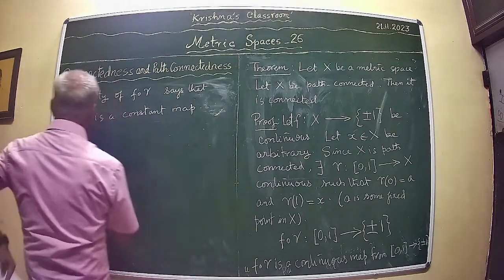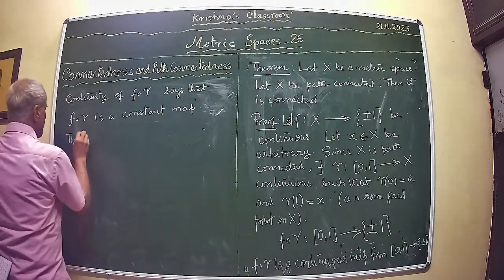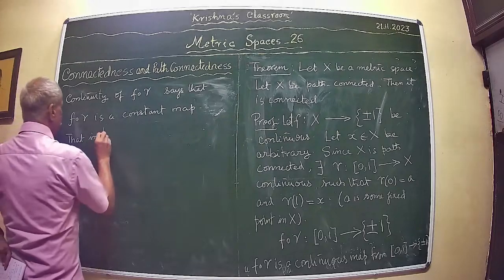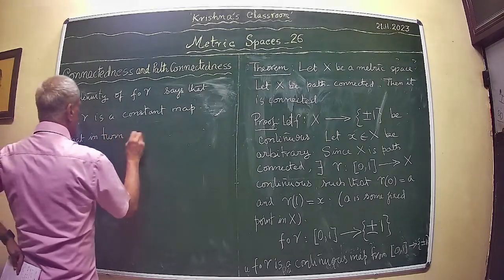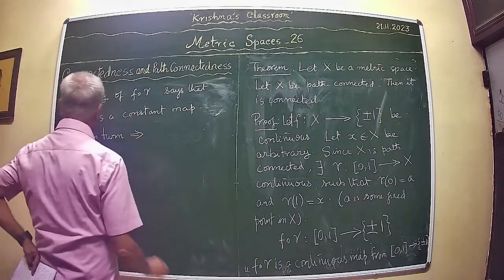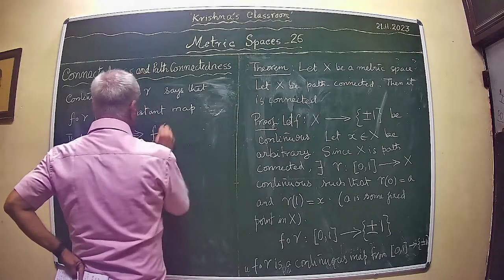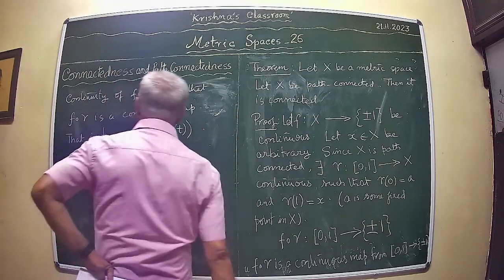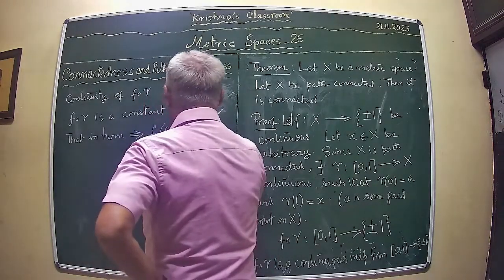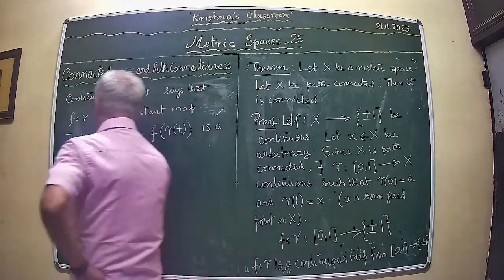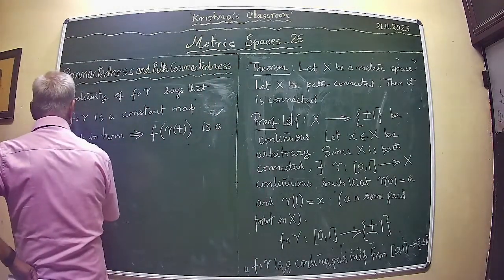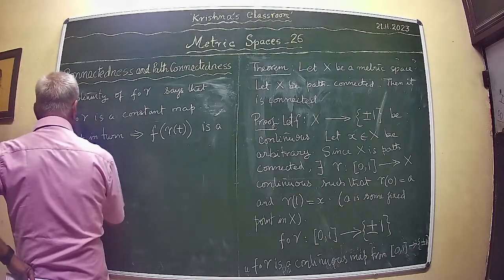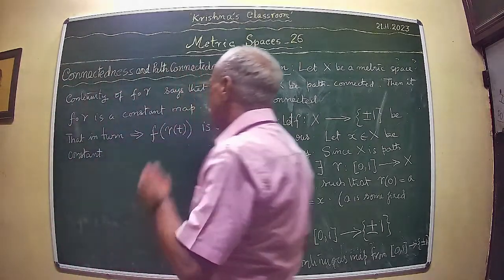That in turn implies F of gamma t is a constant.